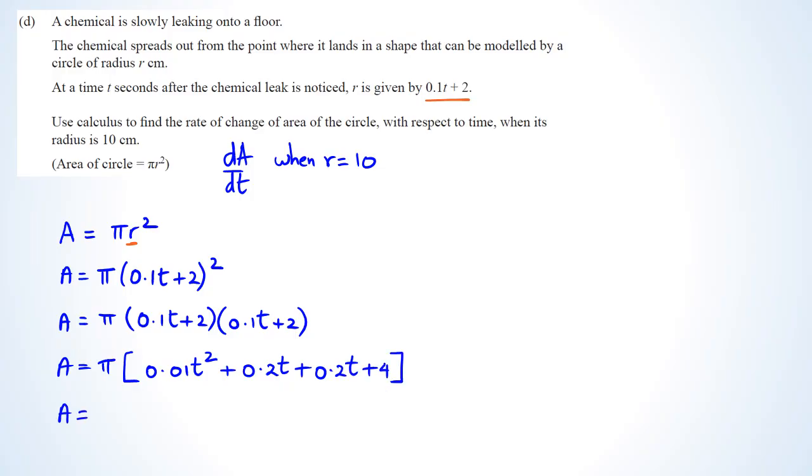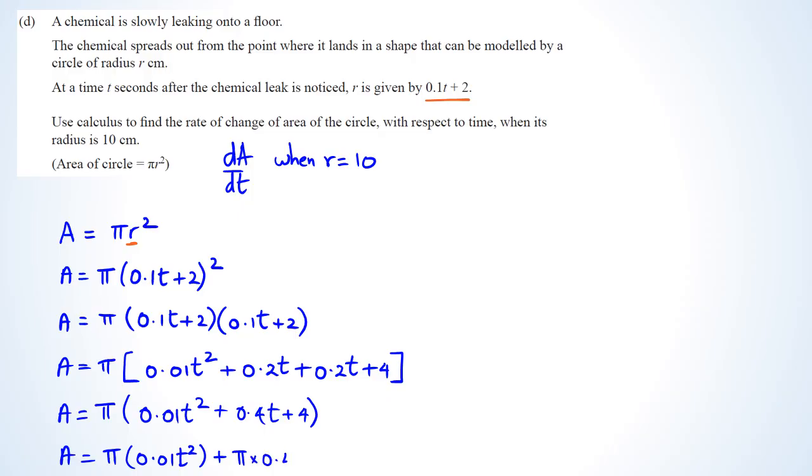So area can be written as pi multiplied by (0.01t squared plus 0.4t plus 4). From here, I can also say that A is equal to pi multiplied by 0.01t squared plus pi multiplied by 0.4t plus 4 pi.